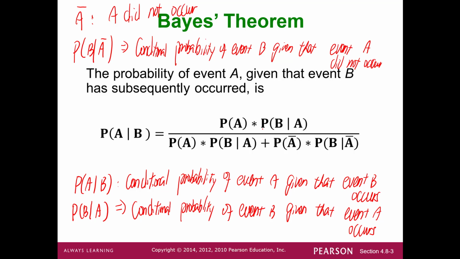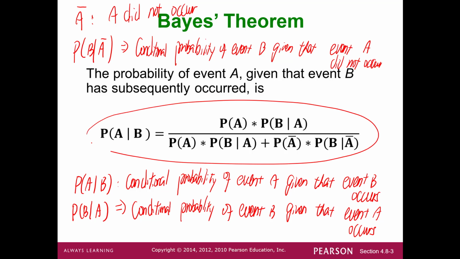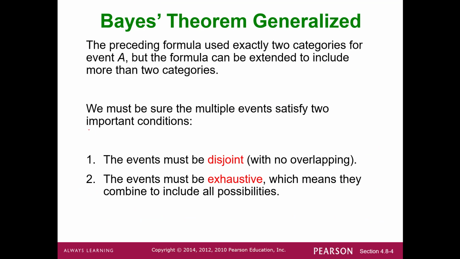So that's basically how we interpret this. I know the formula looks slightly complicated, but I'm going to show you some intuitive understanding of this formula and then use it in real life scenarios.